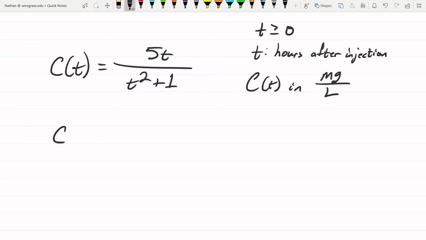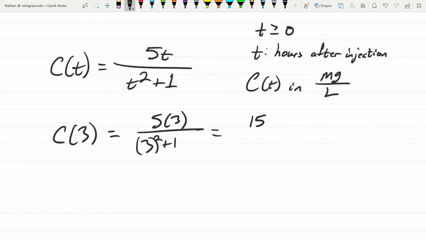For instance, if we're trying to figure out what it is 3 hours after the drug is injected, then we have 5 times 3 over 3 squared plus 1. 5 times 3 is 15, 3 squared is 9, plus 1 is 10, and this is 3 halves, or in other words, 1.5 milligrams per liter.